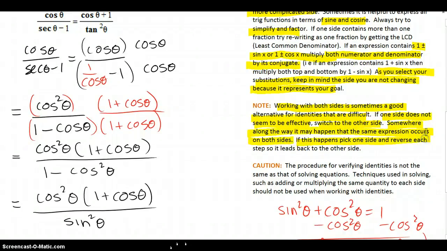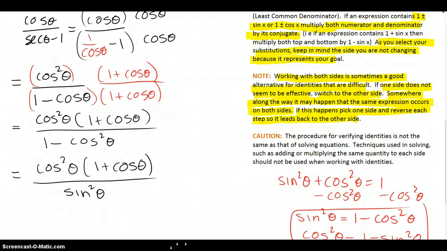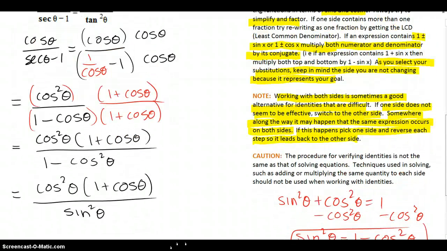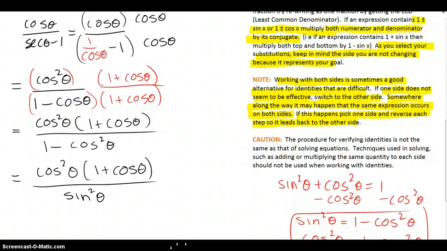If this happens, pick one side, because again, you want to keep one side alone. You start with one side, you're trying to get to the other. If this happens, pick one side and reverse each step that leads back to the other side. So that is something to think about if you get stuck. But let's not do this because we can handle this.